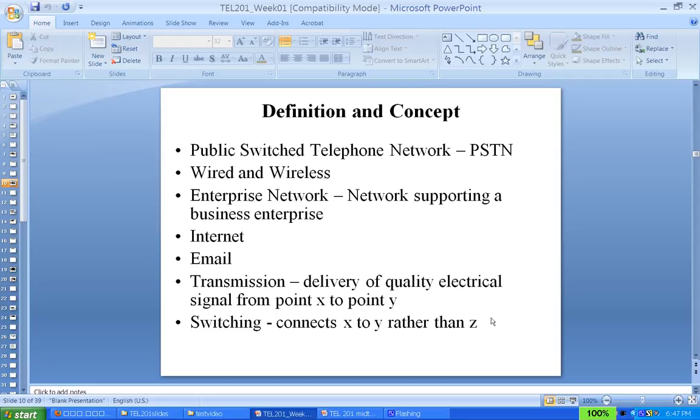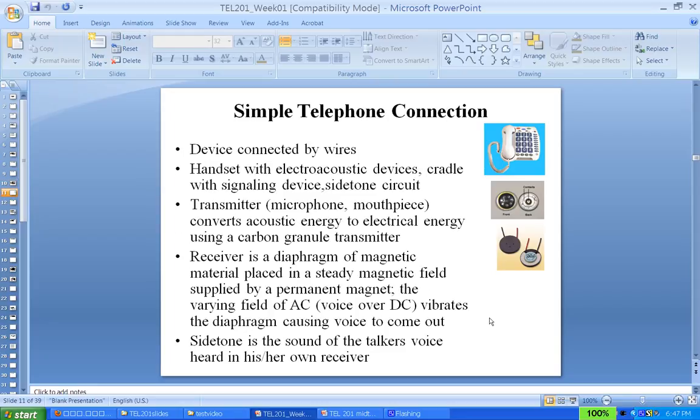Also, we need to be aware of what kind of applications we have for communication networks. And we need to be aware of the basic telephone connection.